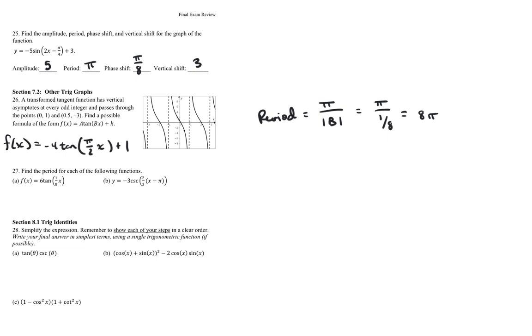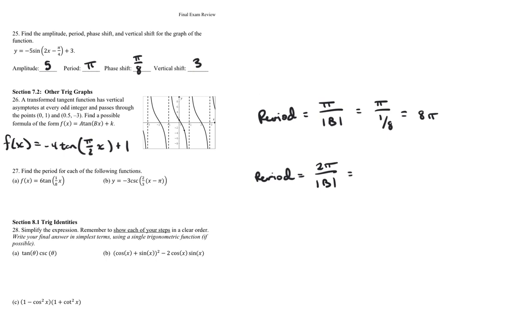Now for part B, we want to find the period for y equals -3 cosecant of 2/3 x minus pi. And so we know our formula in this case is going to be 2 pi over the absolute value of b, because the cosecant function is equal to 1 over the sine function.